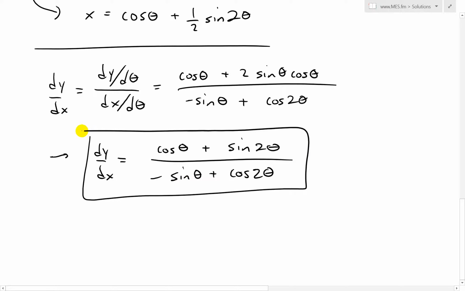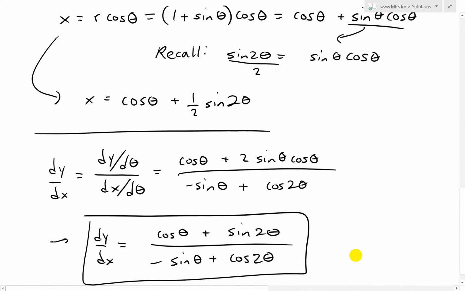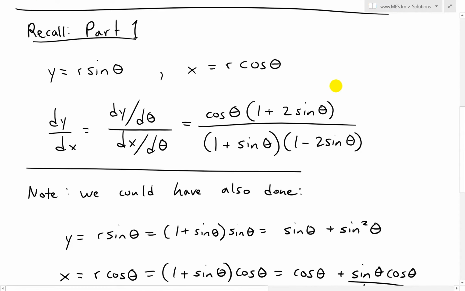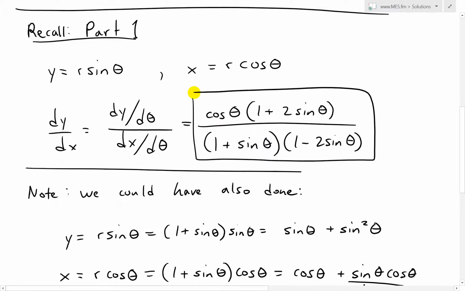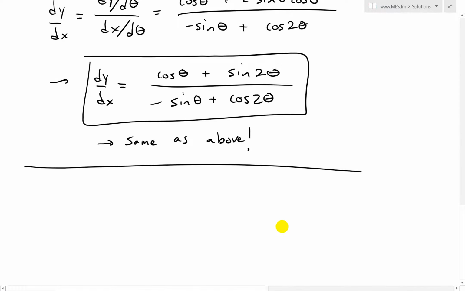So this is actually the same as above, the same formula as the one from part 1, and I'll prove that by working backwards. If you saw my part 1, it was much more complicated to solve for the derivative as opposed to this one. It looks different, but they're actually the same, and I like this method much better.